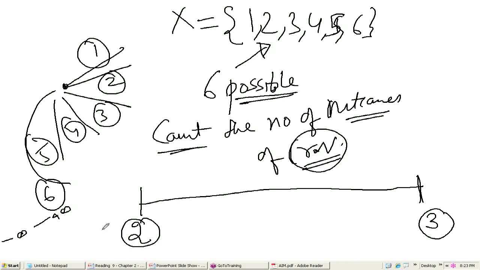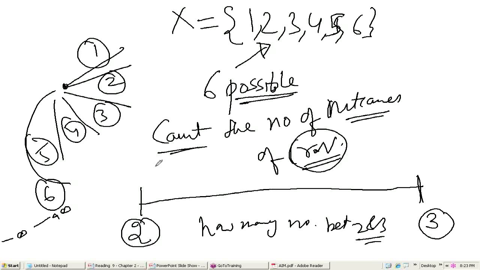I want to ask a simple question: what is the total number of values between 2 and 3? How many numbers are there between 2 and 3? Can we count that? No, we cannot count that.